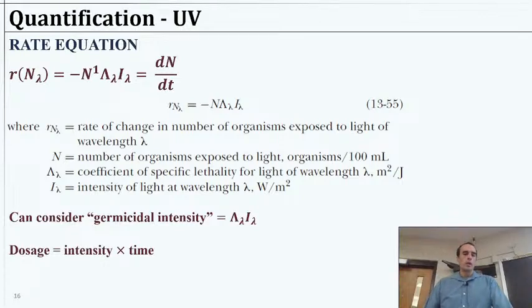So how do we do that? Well, we're going to simplify and just take it for granted that we know something about how much light is exposed, and our equations actually become almost exactly the same thing as what we were just covering with the Chick-Watson kinetics.